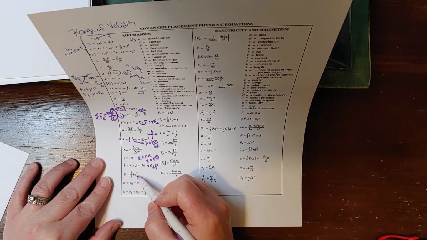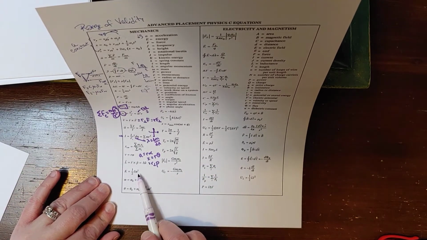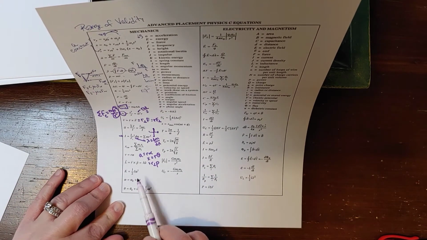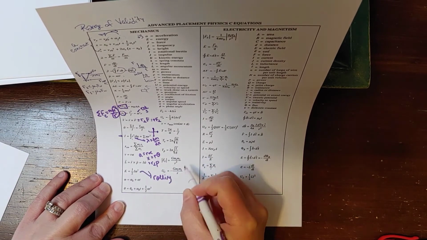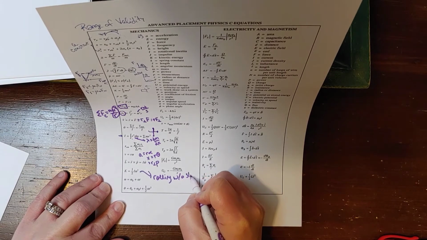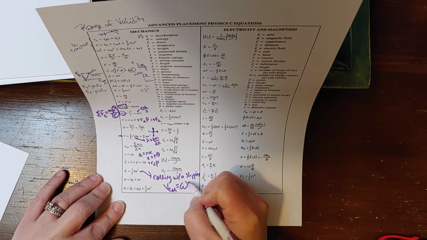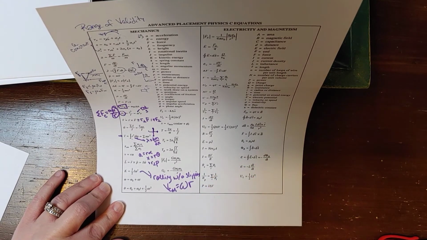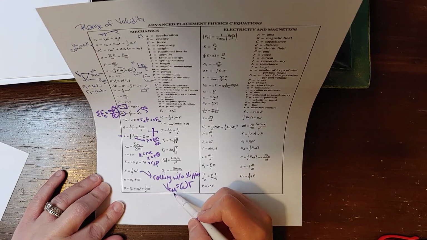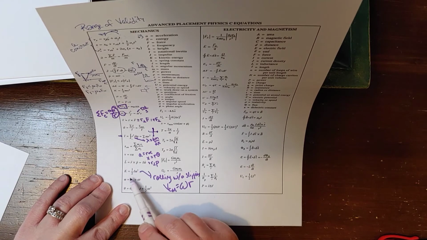Angular kinetic energy, these are important when you're doing whole conservation of energy problems and you have something rolling, right? And with the rolling problems, with rolling without slipping, the velocity of your center of mass is your omega times r. And so when you do those conservation of energy problems, you have a rotational kinetic energy term and a translational kinetic energy term.